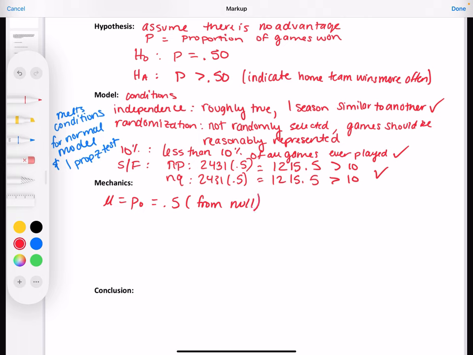The standard deviation of P hat we have to find, which is the square root of P hat Q hat over N, or PQ over N. So 0.5 times 0.5 divided by 2,431. And that would be 0.01014.